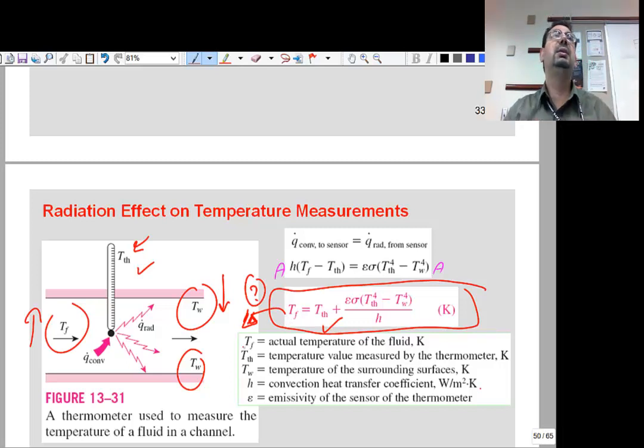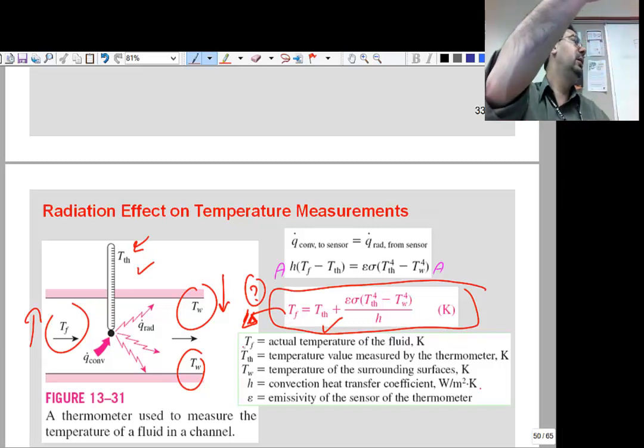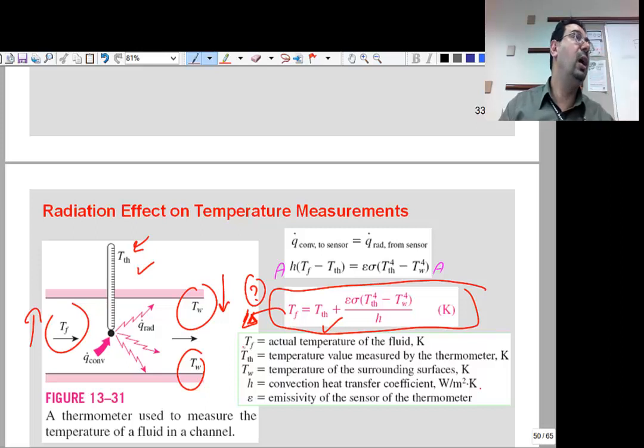So the problem would be, say, a thermometer reading 80 degrees Fahrenheit while sitting in a duct, and the duct is sitting at this wall temperature. What would be the actual air temperature? The actual air temperature would come from this equation. So this equation is correcting T thermometer for radiation and convection.